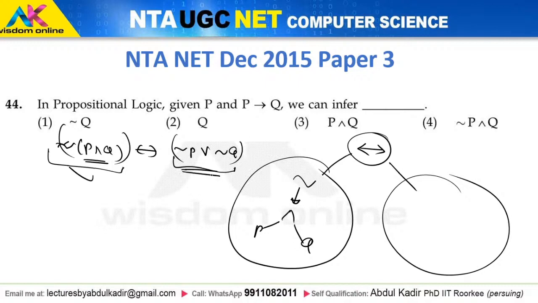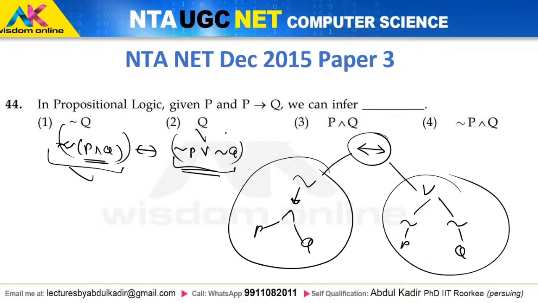Now let's look at the RHS tree. At the end you are doing the disjunction, and here you are doing the negation of P and the negation of Q. So this is the tree that you will get. Anyone has any doubt in this tree? We got this tree from the precedence order. Don't worry about anything.